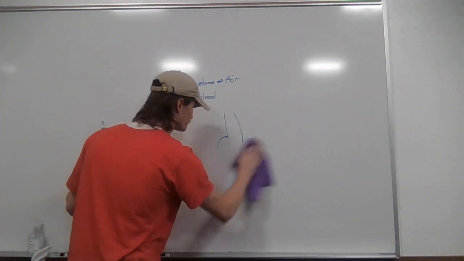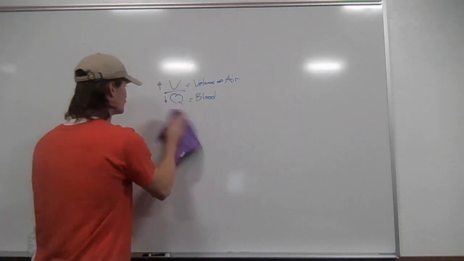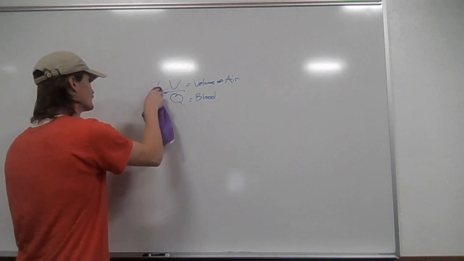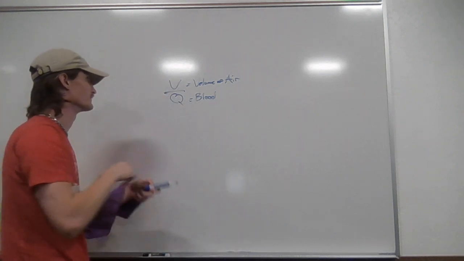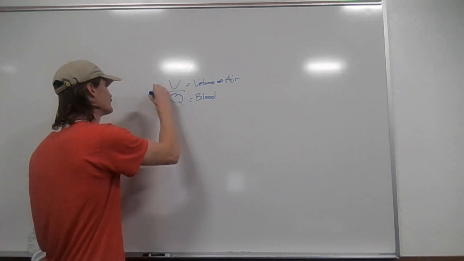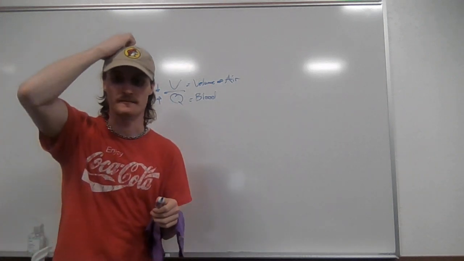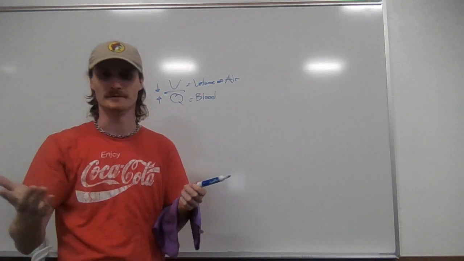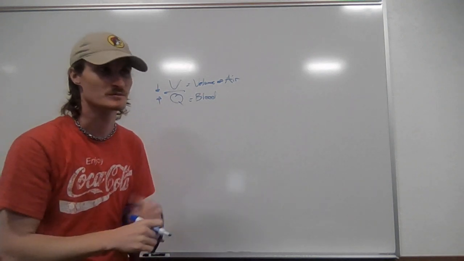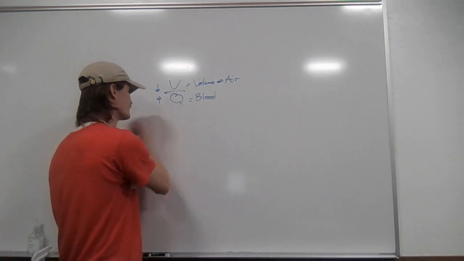Low VQ is the opposite, if we either increase Q or decrease V. One of which is going to be a lot more common, which is going to be airway obstruction.